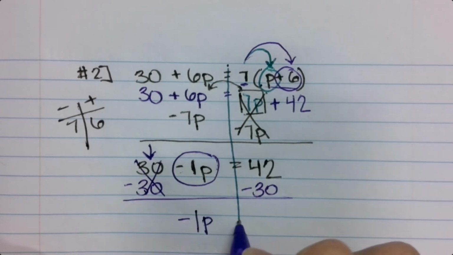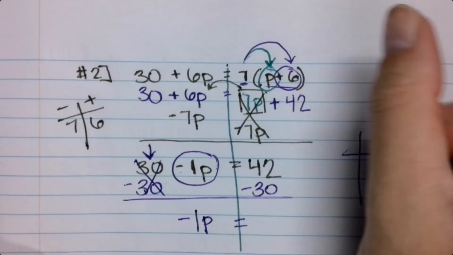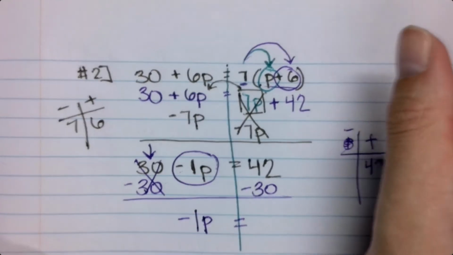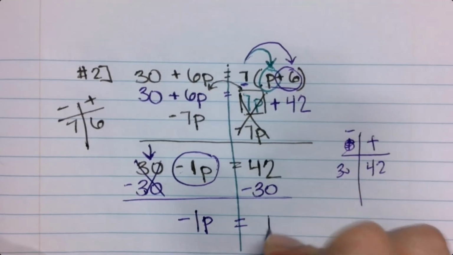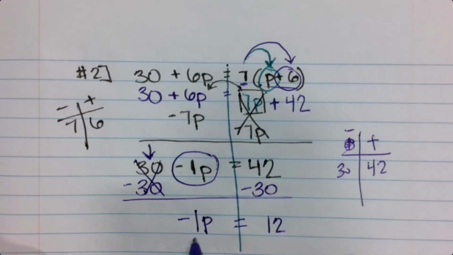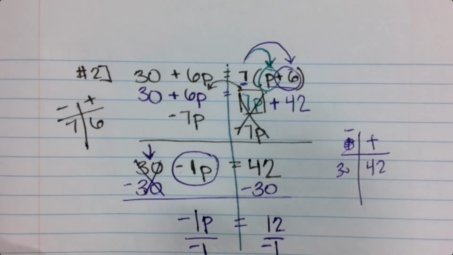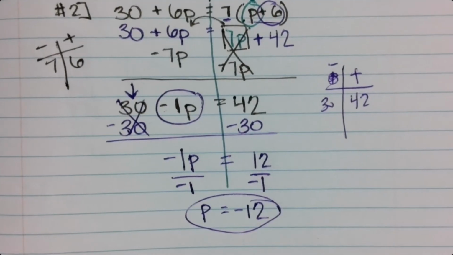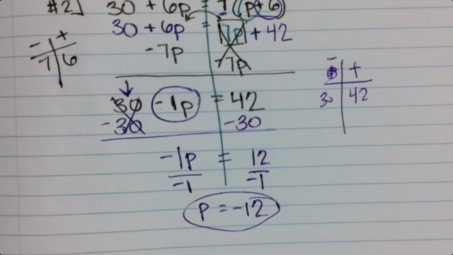Negative 1p equals 12, and it's positive. Now I have a negative here, so I'm going to divide by negative 1. So p equals negative 12.